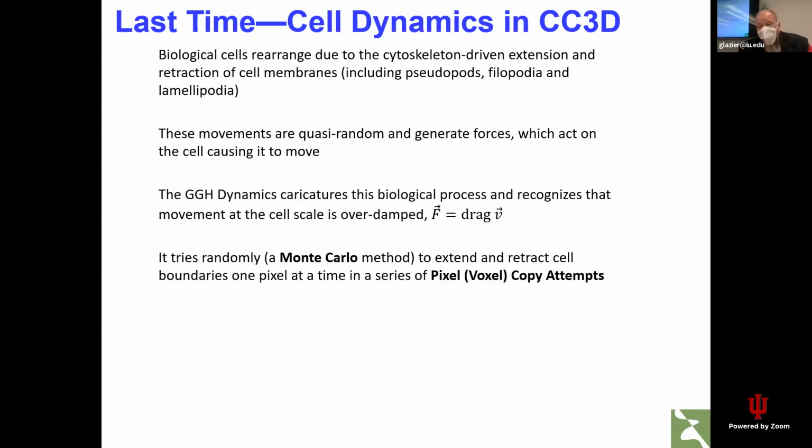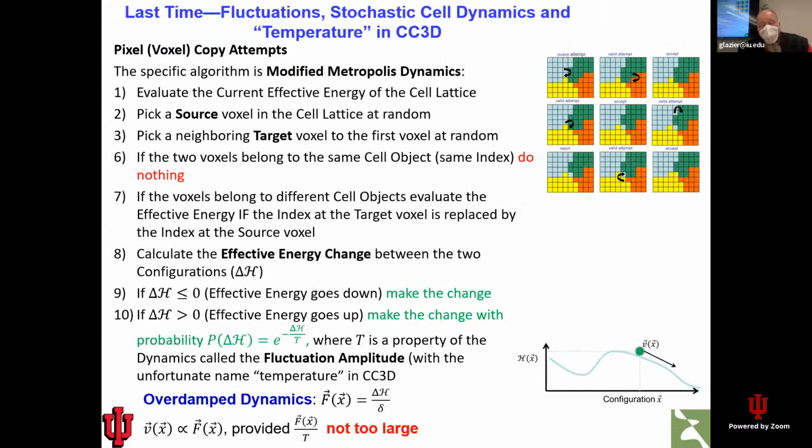Okay. And then we talked about dynamics a little bit last time. And we talked about how cells really have motors that move their surfaces around actively. We simulate that as quasi-random force fluctuations. And the result is that the velocity of a cell is proportional to the force divided by the drag. And we talked a little bit about the algorithm that's used. We pick a lattice site at random.